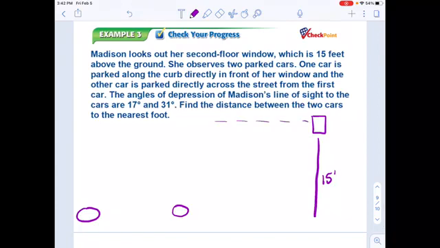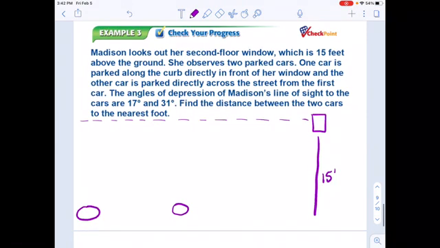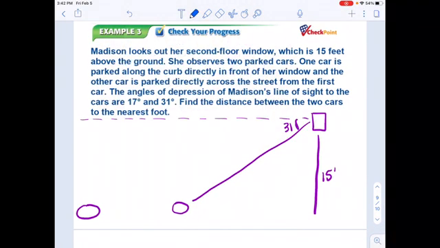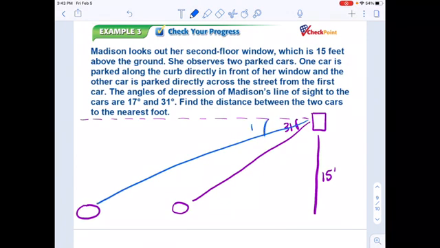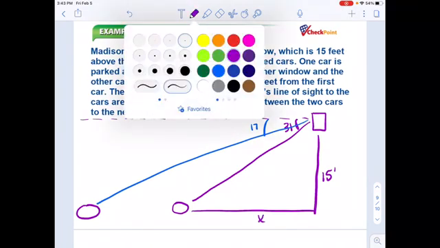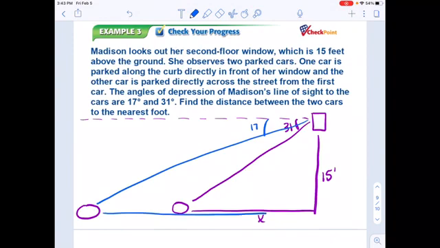The angles of depression of Madison's line of sight are 31 degrees to this car, and then to this car it is 17 degrees. Okay, so we want to find this distance, and we want to find this distance. And then our final answer is actually the distance between them.